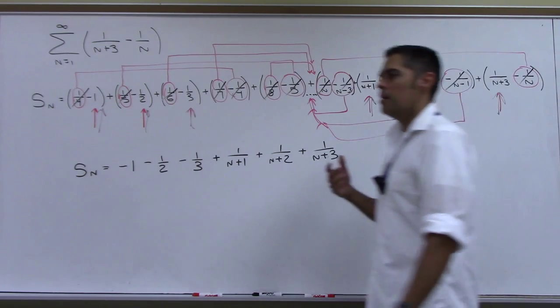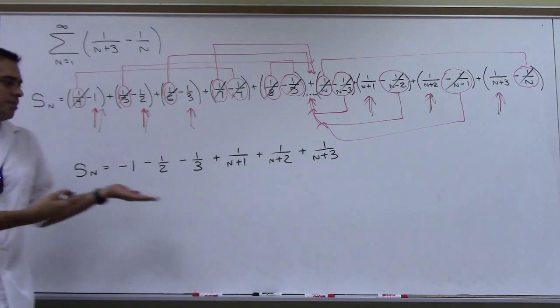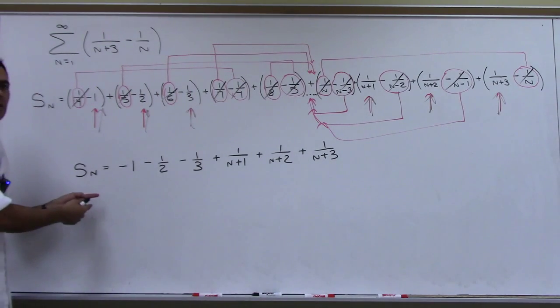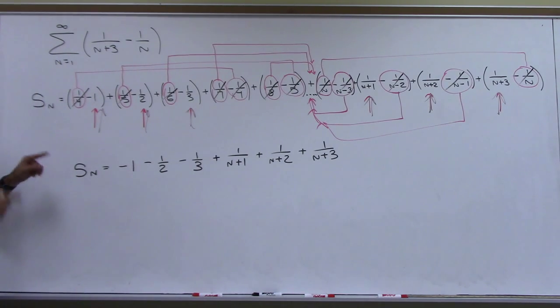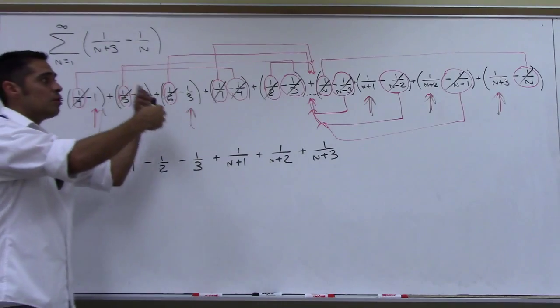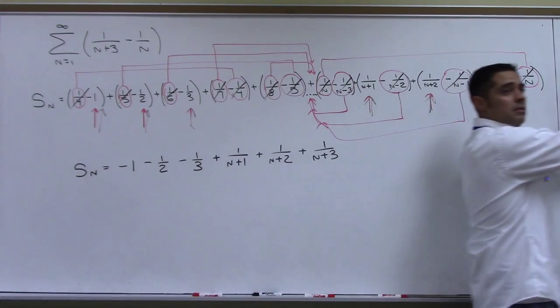So this is a sequence, isn't it? This is a sequence, S sub n. This is a sequence of numbers, isn't it? If I plug in 1, I get an answer. If I plug in 2, I get an answer. If I plug in 3, I get an answer. Each of those answers represents me going further out in this sum, right?